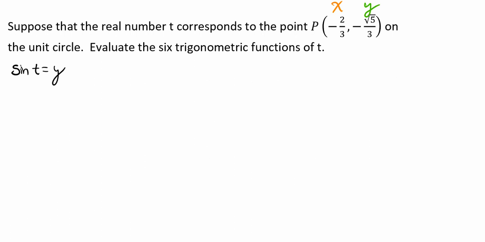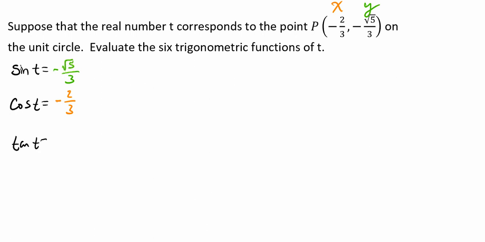So therefore we can just take our y value, which in this case is negative radical 5 over 3, and that becomes our sine value. Our cosine of t is our x value. And so we're able to say the cosine of t is -2 over 3.